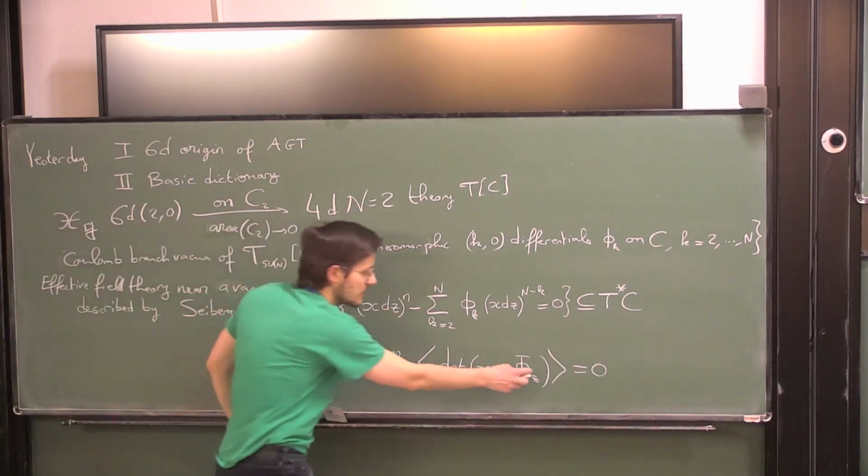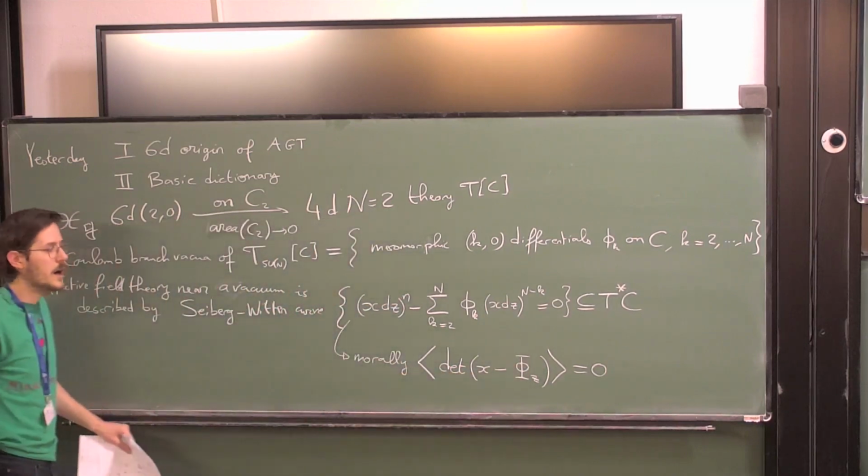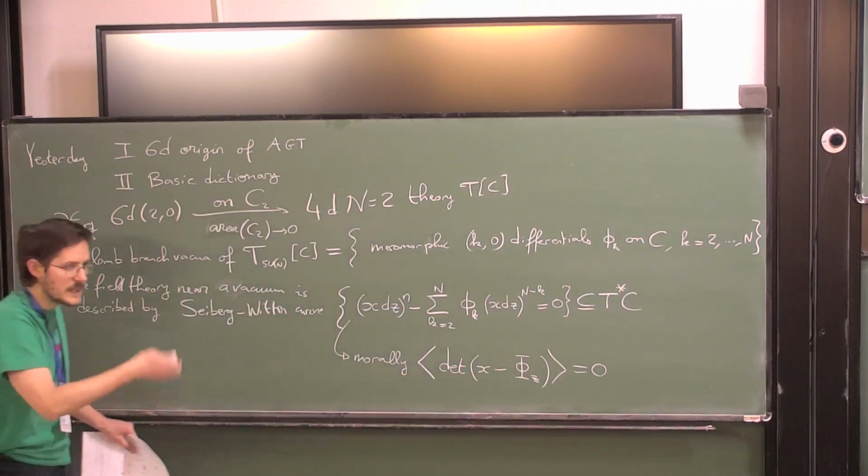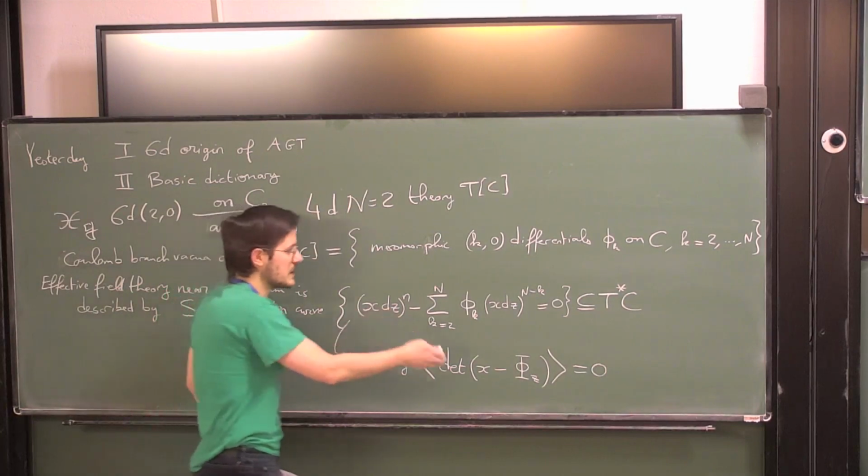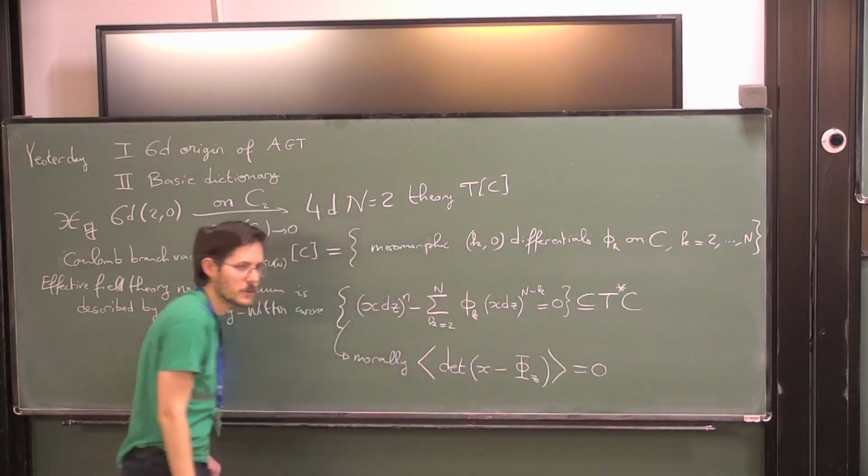This is not a really precise object, but still it's good to get some intuition of what type of behaviors we should expect for phi_k.